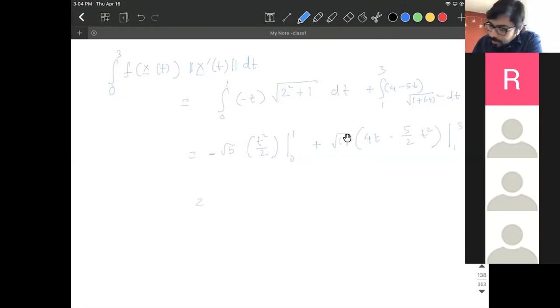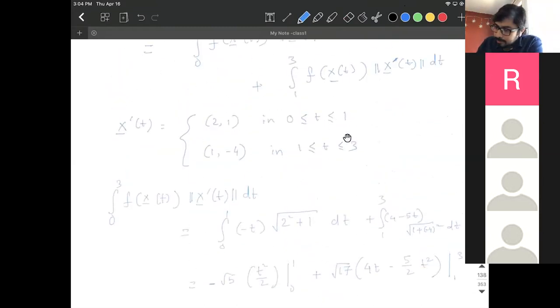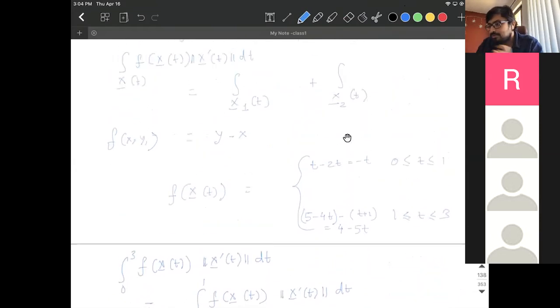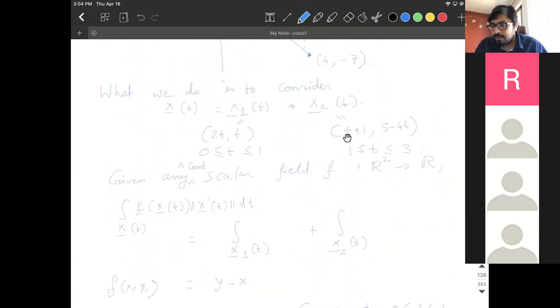You don't need to get to the final answer, but anyway, this is the answer: minus 5 over 2 root 5 over 2 minus 12 root 17. So this is a typical example of how you can use breaking up an integral into parts.